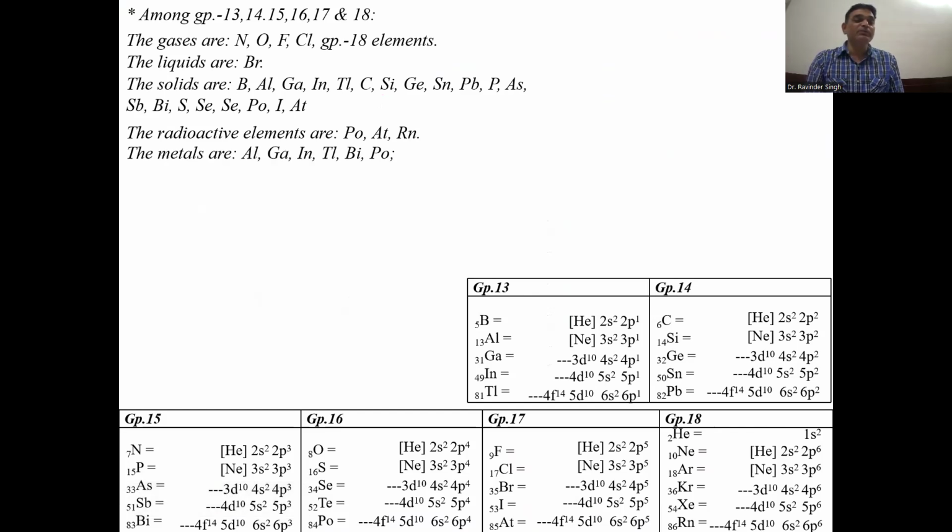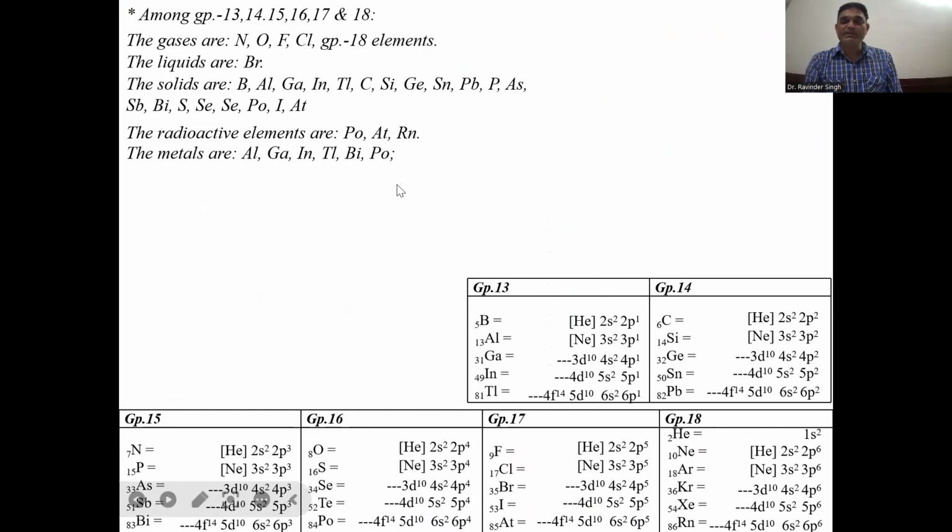We already told you the metals. In group 13 the metals are aluminium, gallium, indium, and thallium. Bismuth in group 15 is a metal.